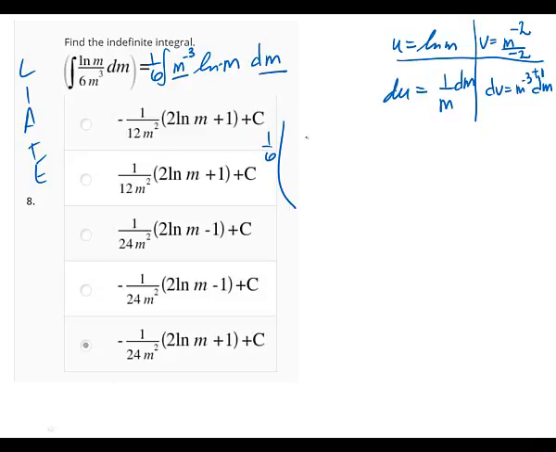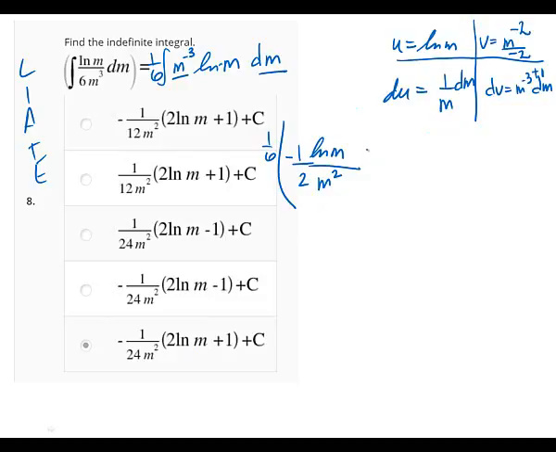Okay. So uv, u is the natural log of m. V is this mess right here, right? Could I rewrite that in a different way? I'd probably write it as 1/2 and then bring this downstairs, and it's a negative 1/2, and bring it down as an m squared.